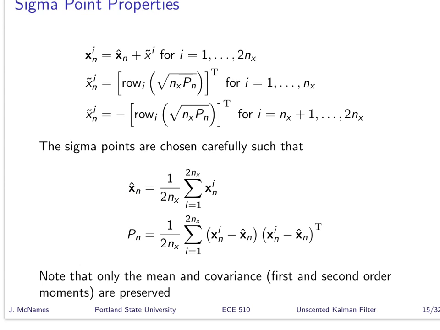This is relatively straightforward since for every positive thing you add a negative equivalent, so those all cancel out when you're taking the average. And if we calculate this sample average estimate of the covariance, they're chosen so that this also works out to be the same noise covariance. So they were chosen specifically to have those properties.